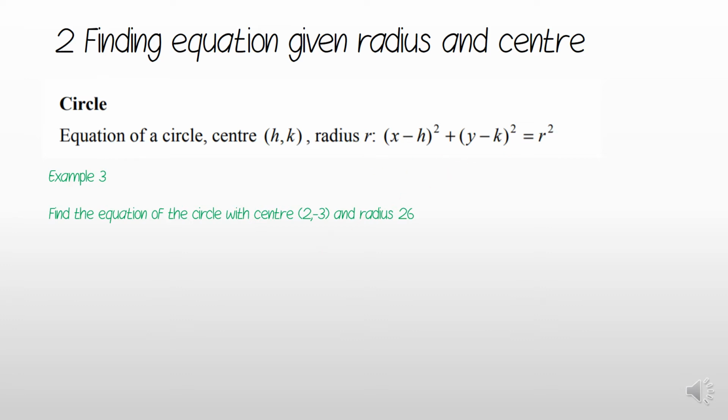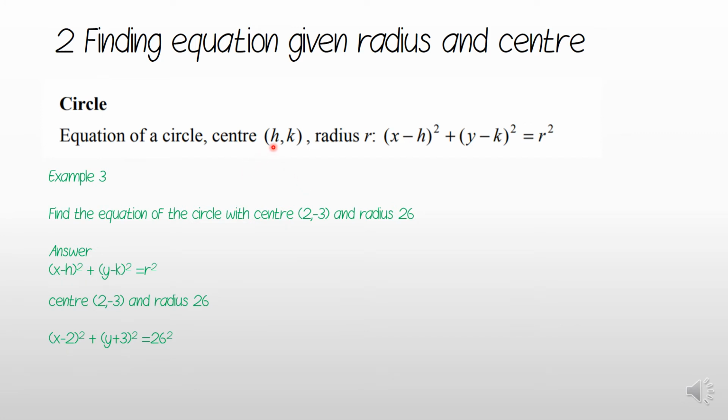So we write the general equation here. We have it there, and then the center is (2, minus 3) and then the radius is 26. So the h, we take this value and we change its sign, because remember that when we did it before, when we're taking values from here to get the center, we change its sign.